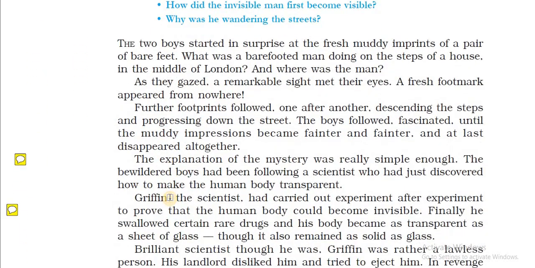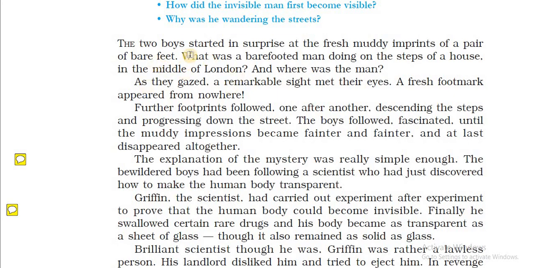The chapter starts with two boys. The two boys stared in surprise at the fresh, muddy imprints of a pair of bare feet. The two boys are looking at the freshly imprinted footprints of a bare person at the doorstep of a house.